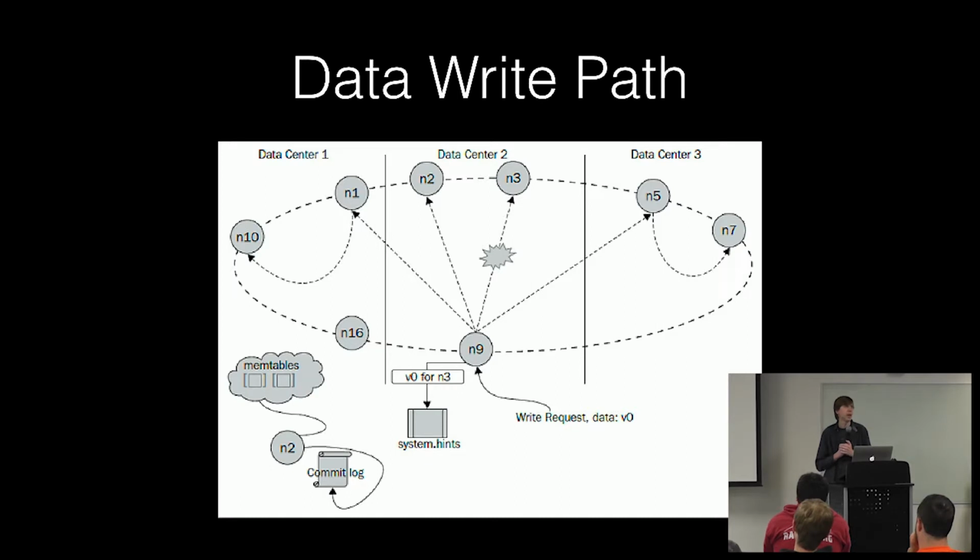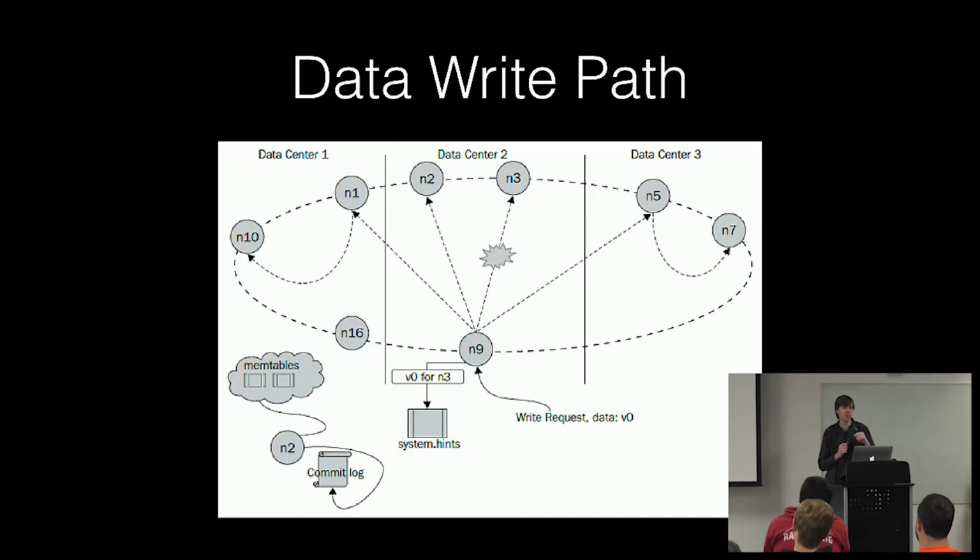And it has decided that it needs to write to both of its local replicas in the same data center, so that's node 2 and 3 above it. And then it also needs to write a single copy to one node in each of the other data centers. The way it does that is not by directly connecting to whatever public IP you have those remote nodes on.